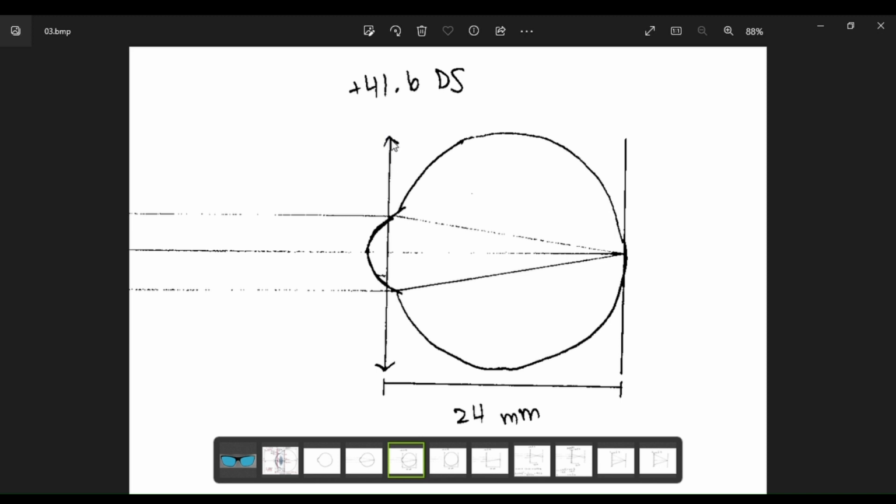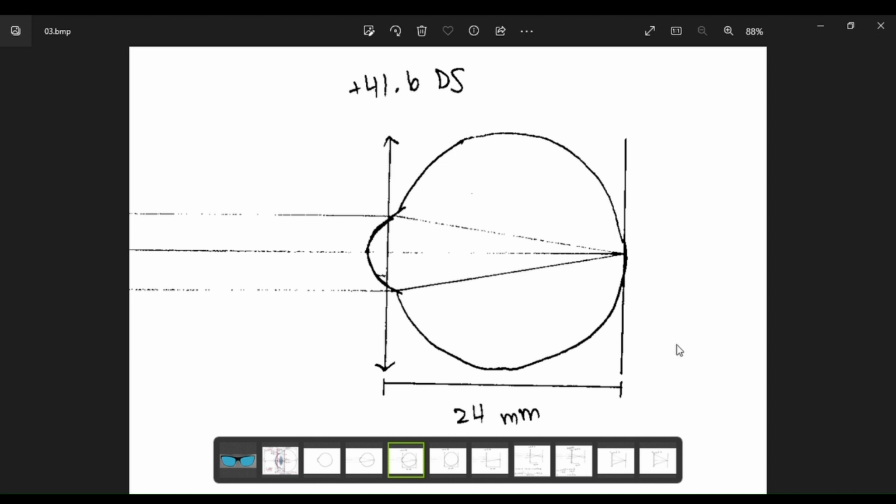So let's imagine that right here is a lens, and that lens is able to bend light so that it crosses the lens and focuses perfectly 24 millimeters behind the lens. So the focal length of this lens is 24 millimeters, and the power of that would be the reciprocal of this.